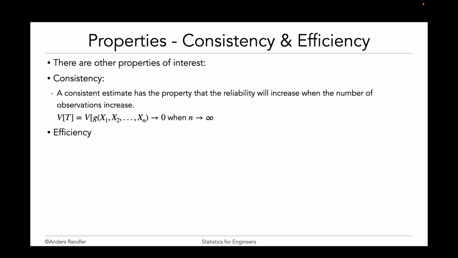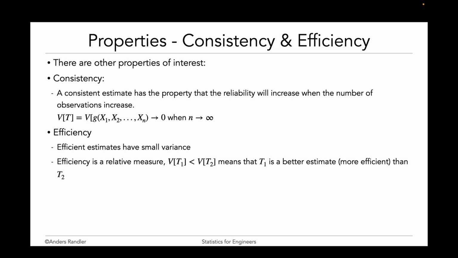Well, that's kind of reasonable, isn't it? And when we talk about efficiency, efficient estimates have small variance. So if we talk about two different estimates and we want to decide which is the best, we would compare their variance, and the one with the least variance will be the most efficient one.